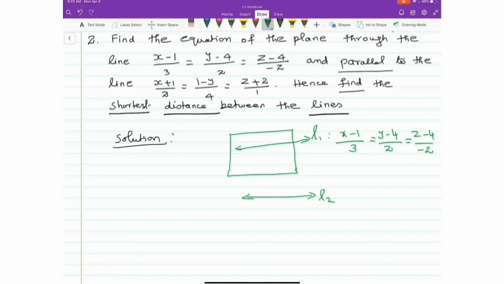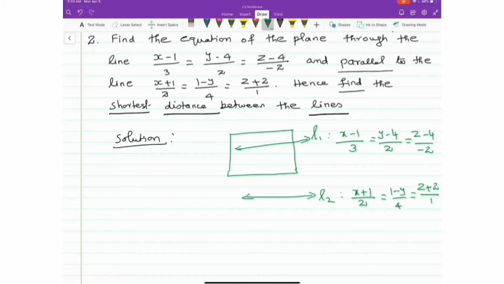Equation of the line L2 is (x plus 1)/2 is equal to (1 minus y)/4 is equal to (z plus 2)/1. Now, since this plane contains this line L1, the point on this line, namely (1, 4, 4), lies on this plane.